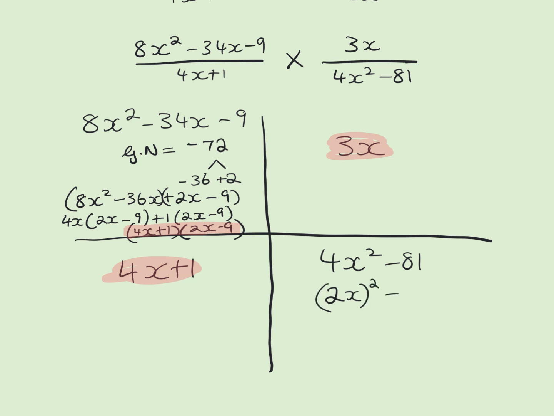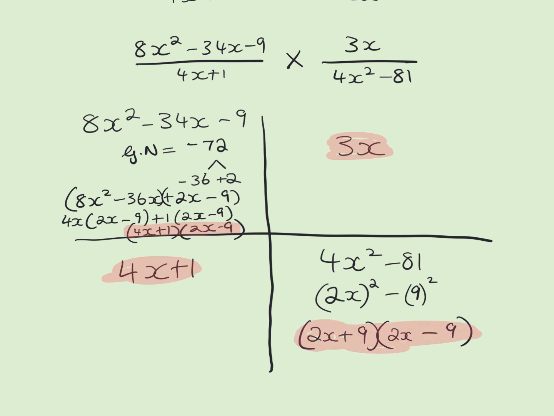And as we know, 81 is the same as 9 squared. So that will change my brackets. Because now I can put a 2x here and a 2x here, I put a 9 here and a 9 here. And one of these is going to be plus and one of them is going to be minus. So I have my last denominator factorized.